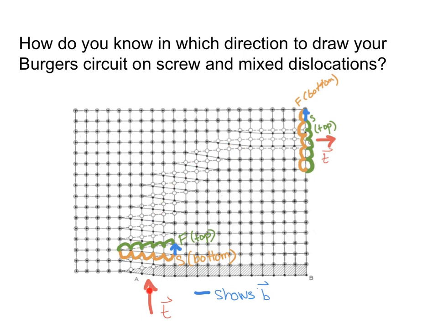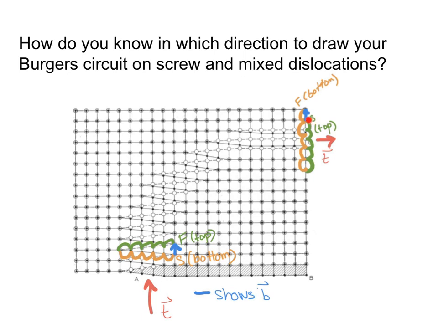So we define t, we pick some starting point for our Burgers circuit. Here I've picked it on the bottom layer of atoms, and so with my thumb pointing in the direction of t, I move along the bottom, up to the top, back over, and then define the Burgers vector there. And then I use the same strategy over here, where I pick a point.